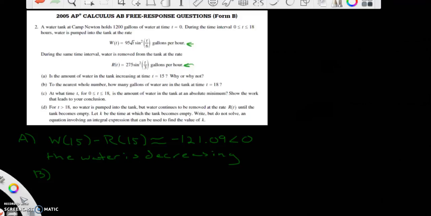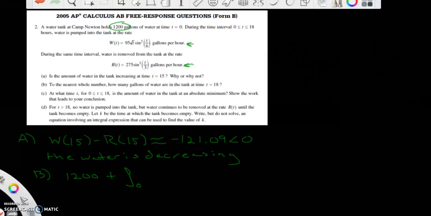To the nearest whole number, how many gallons of water are in the tank at time t equals 18? Okay, so this one's pretty easy, but you can't forget the 1,200. So you got to do 1,200 plus figure out how much water is entering and leaving.